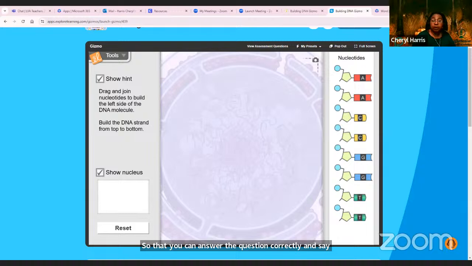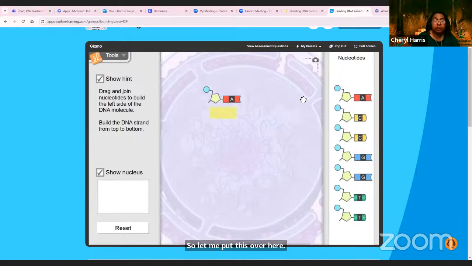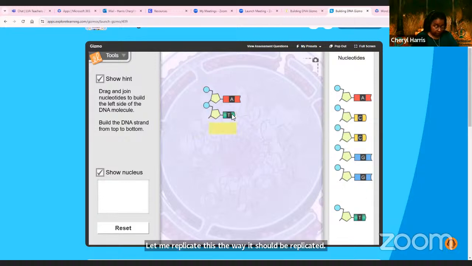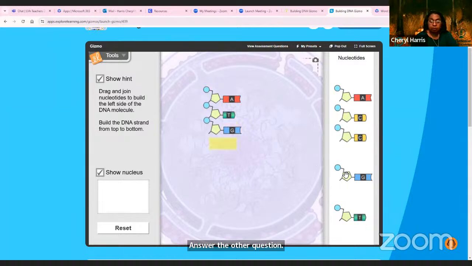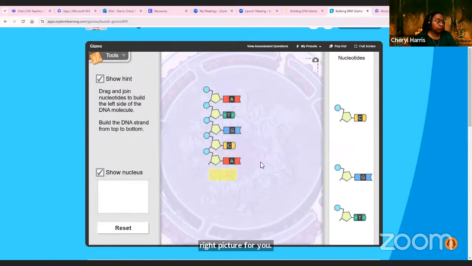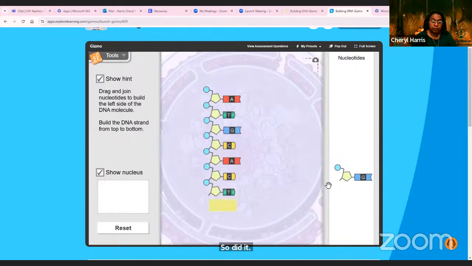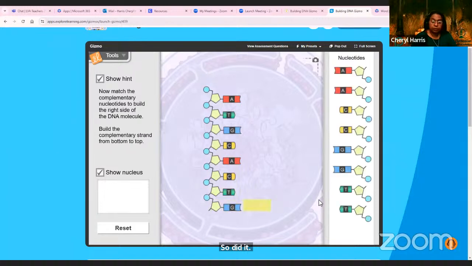And that was the whole point of replication. So let me put this over here and let me replicate this the way it should be replicated. All right, so in the meantime, answer the other question that you should have, and I'm going to create the right picture for you.